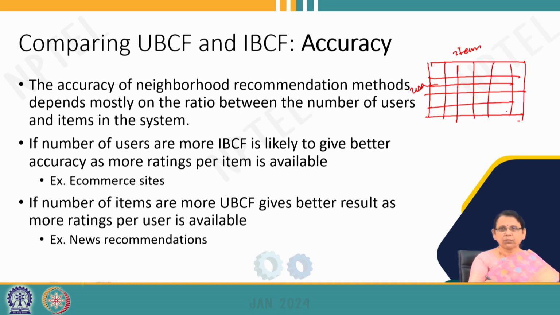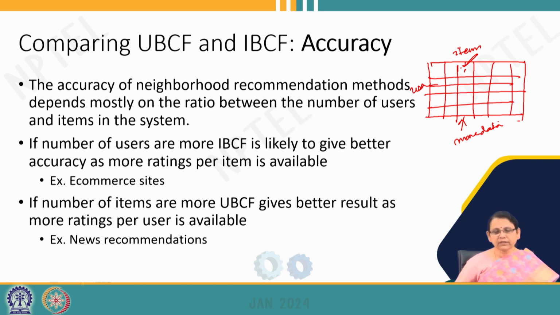So, if the number of users is more, then per user rating will be quite less and per item rating will be more. So, in case of item based collaborative filtering, the number of ratings is going to be much more when the number of items is less. So, we have more data here, and more data will definitely improve accuracy.